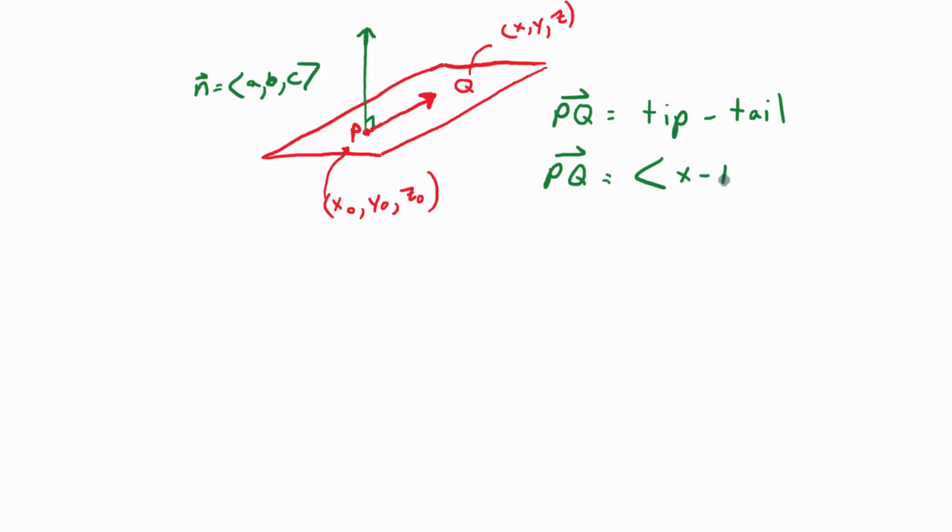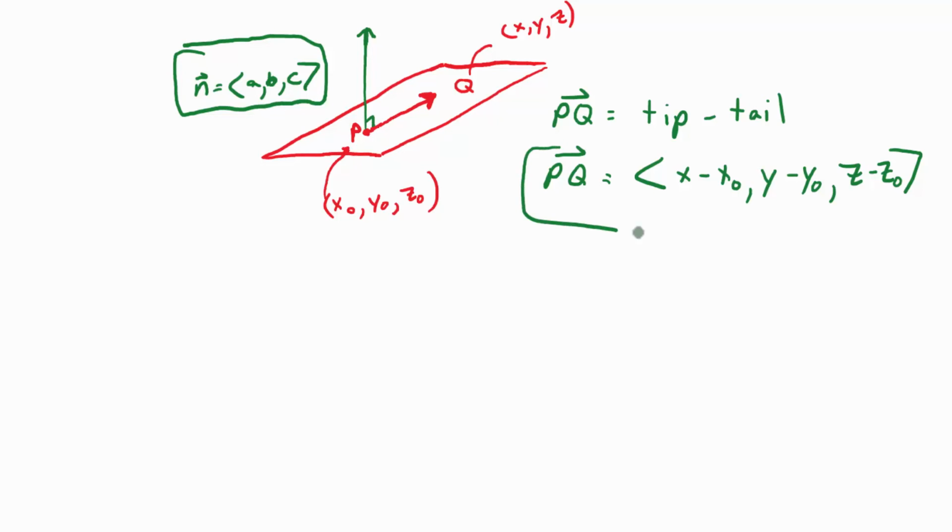X, first component, good. X minus X naught, Y minus Y naught, Z minus Z naught. Good. So now we have a normal vector to the plane, which is also normal or orthogonal to PQ, right? Because the vector PQ lies in the plane.